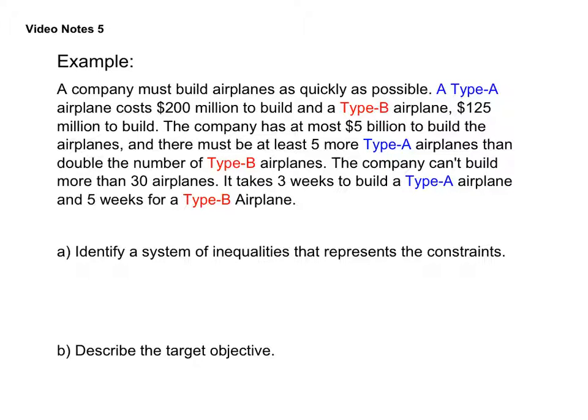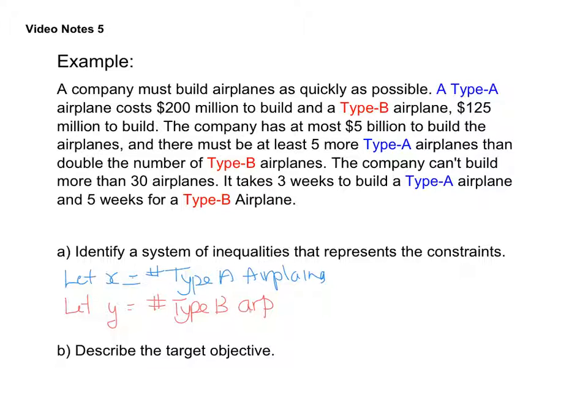So first thing we need to do is identify our variables. Let x equal the number of Type A airplanes, and let y equal the number of Type B airplanes. We first of all have to identify the fact that we have non-negatives, because you can't have a negative amount of airplanes.